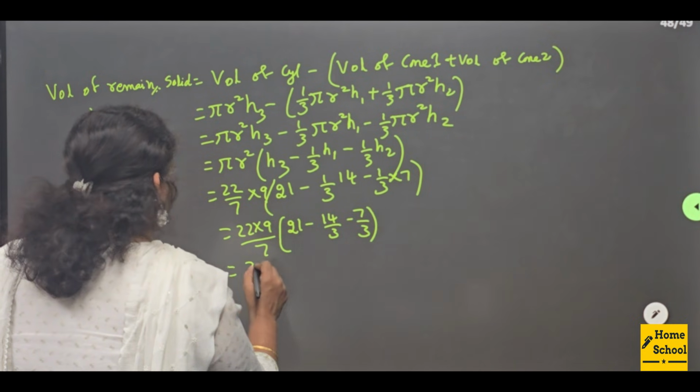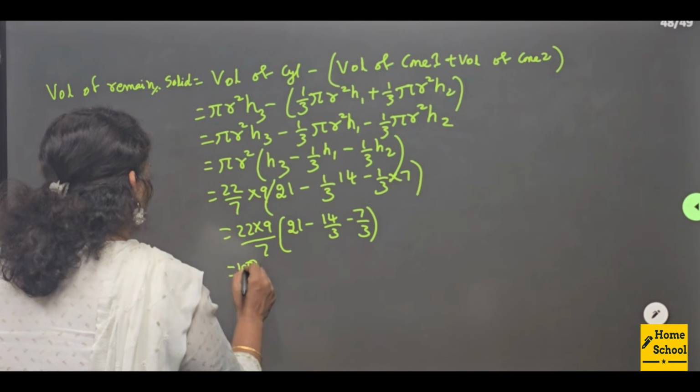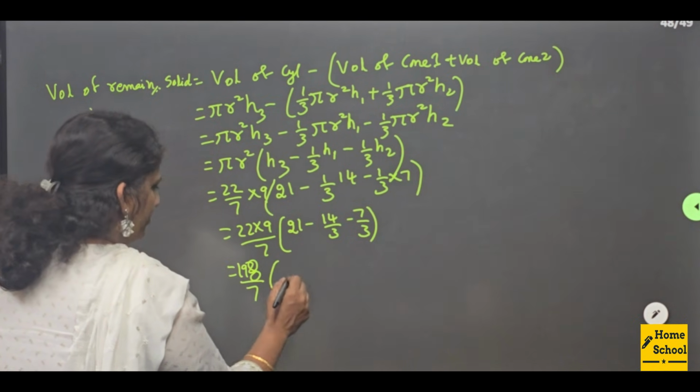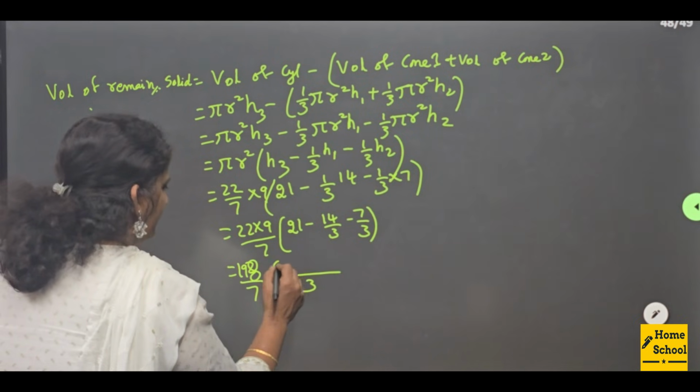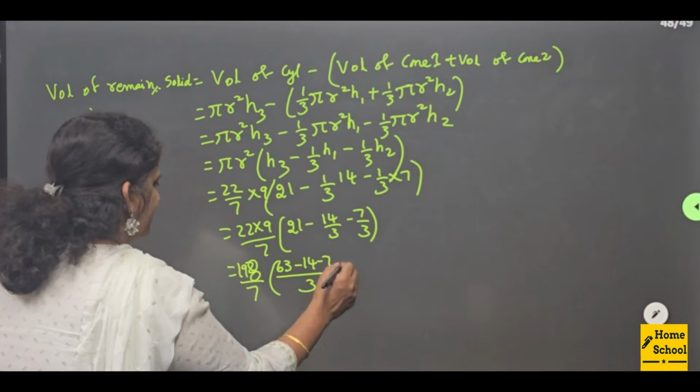Do the LCM inside. 22 9s is 198 by 7 into, 63 minus 14 minus 7.